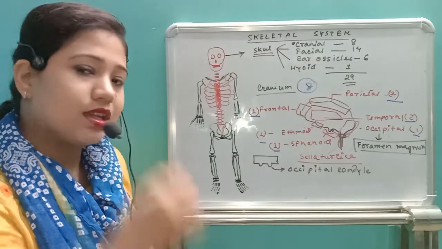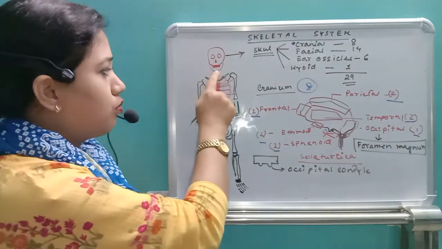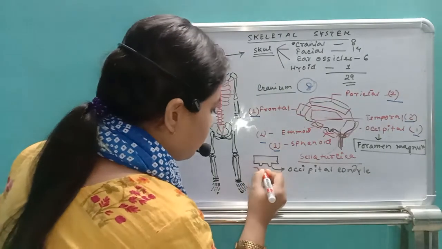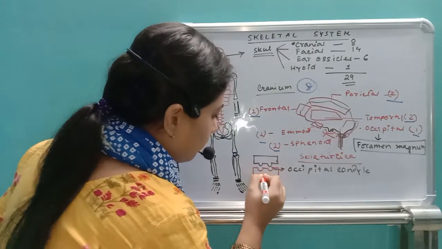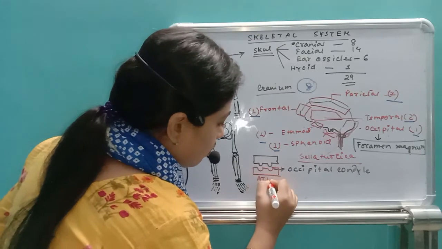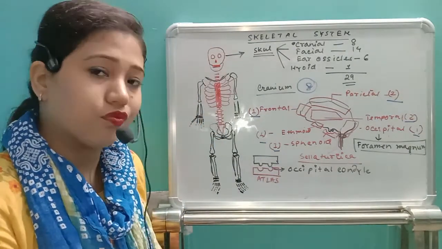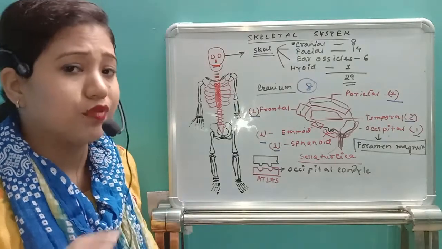So it is attached with the vertebral column. What is the name of the first vertebra? It is called the atlas. So the occipital bone articulates with the atlas. It will join with the atlas.